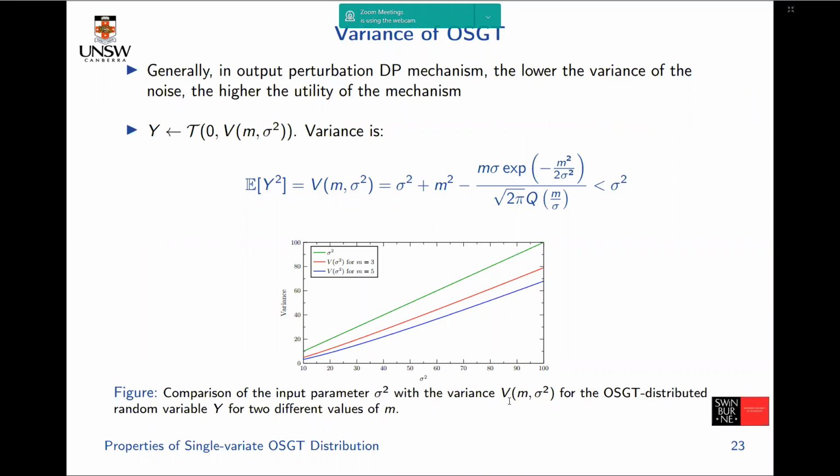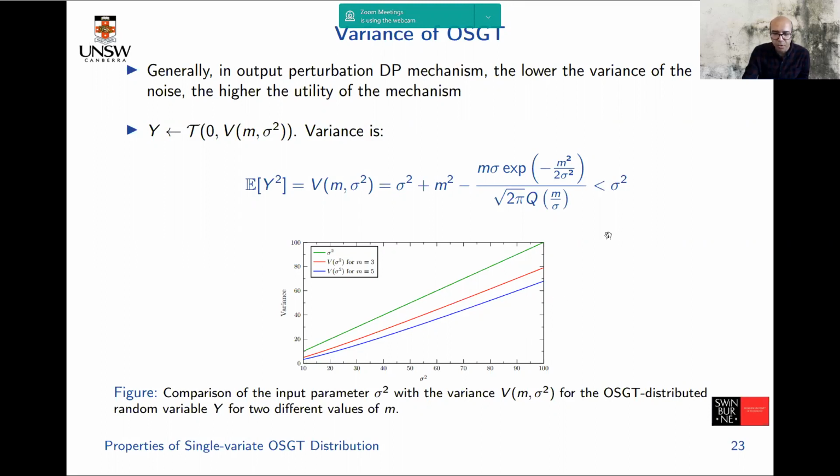That's why if we have a random variable y following the AusCTW distribution with variance v, depending on parameters m and sigma squared, we can show that the variance of that random variable has this form, and it can be proved that it is less than sigma squared, which is the variance of the original Gaussian distribution that contributes to the shape of the AusCTW PDF. And here you can see a numerical example.